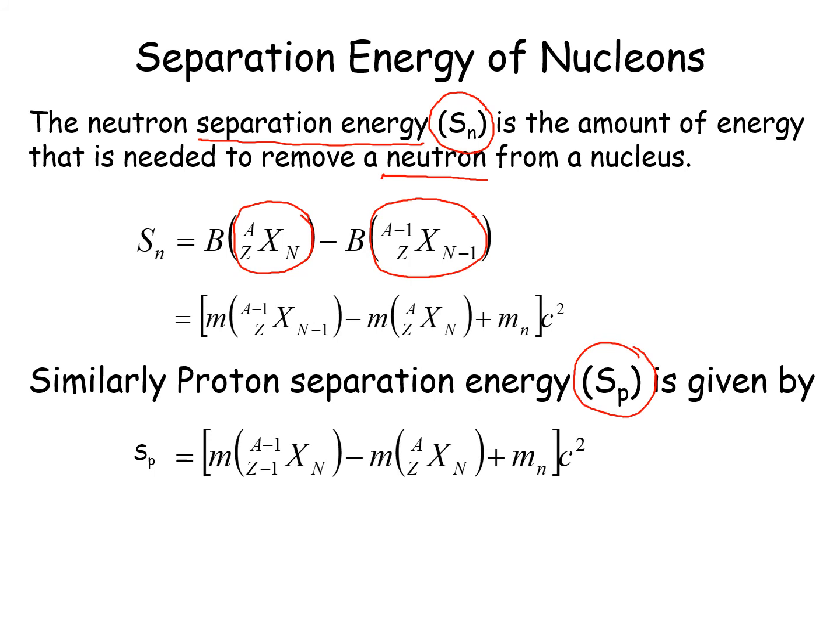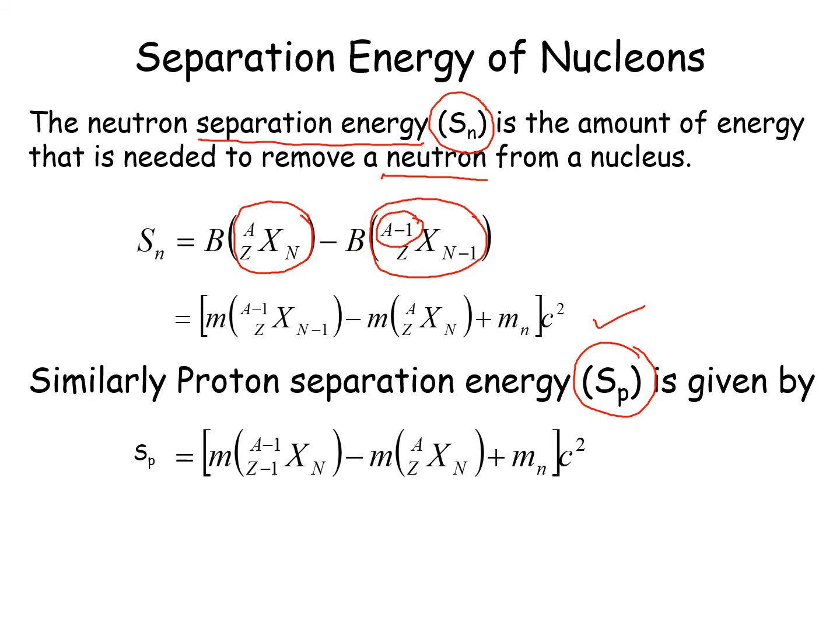When the neutron is removed, the mass number will also decrease by 1. When we substitute the value of the binding energy for this nucleus minus the binding energy for this nucleus, some terms cancel out and we are left with this relation.